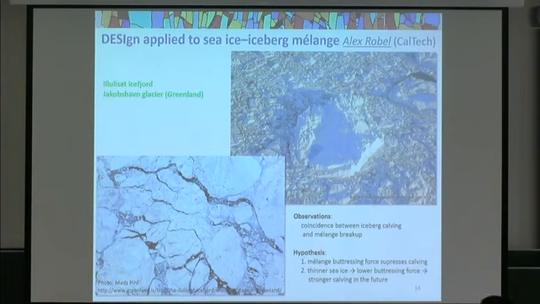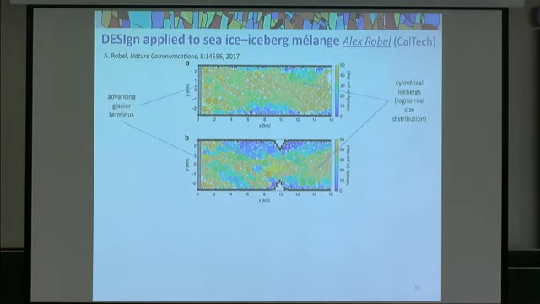And this is a situation which is really hard to model with continuum ice models, because the fjord is very narrow and it is hard to calibrate the model for this mixture of sea ice and icebergs. The study of Alex is the first one in which a discrete element model was used for this purpose. The configuration is very simple.